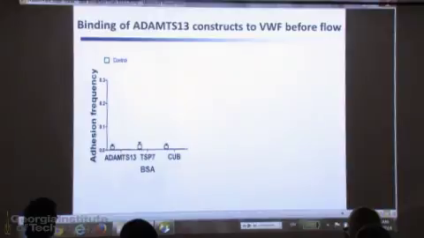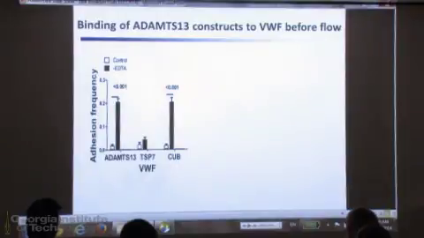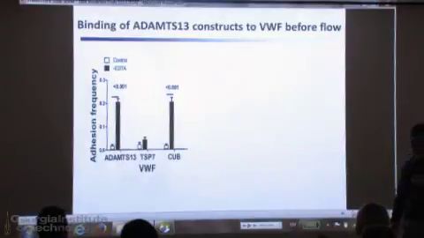If you look at BSA as a control, it doesn't bind to either the full-length ADAMTS13 or its fragments TSP7 or CUB. But now if you change it to VWF, it binds to ADAMTS13 well, and the CUB domain well, but not TSP7. So you would say, aha, ADAMTS13 binds to VWF via the CUB domain. That's a binding site that you can identify.